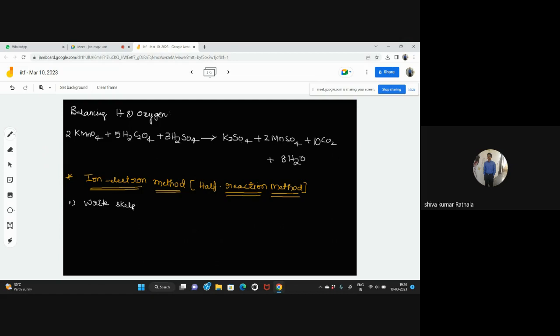First step is the skeletal equation. Second one is to write down the oxidation number of each and every atom.